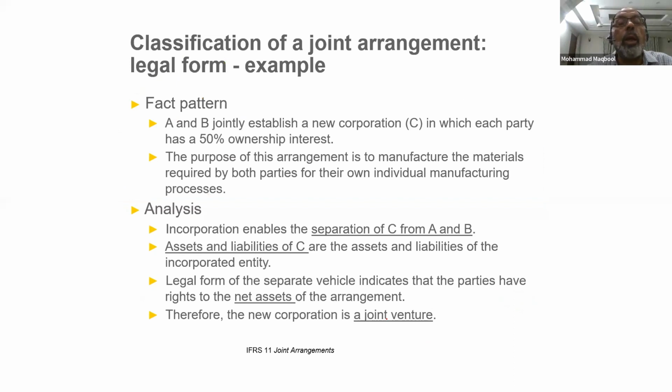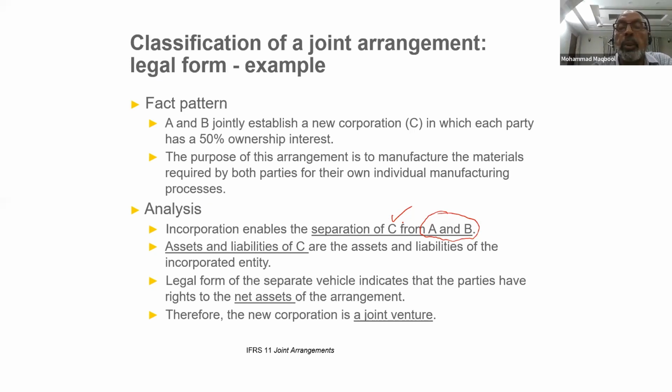Example of the legal form: A and B jointly establish a new corporation C in which each party has a 50% ownership interest. The purpose of this arrangement is to manufacture the material required by both parties for their own individual manufacturing process. The analysis: the incorporation enables the separation of C, which is a new entity, from the investors A Limited and B Limited.